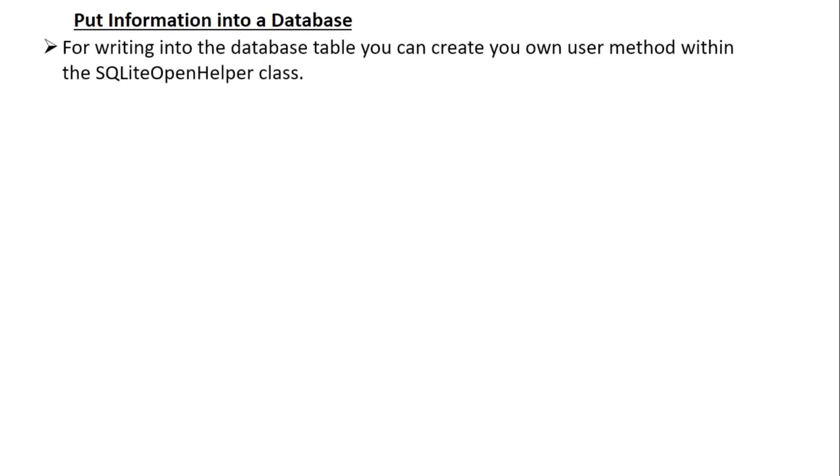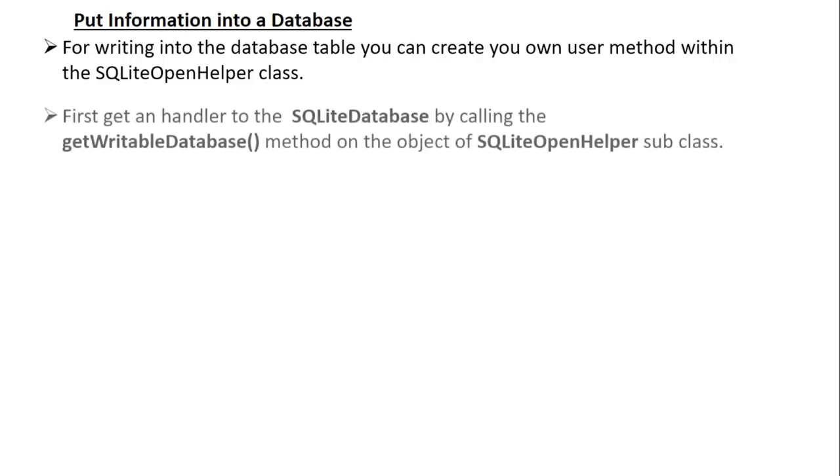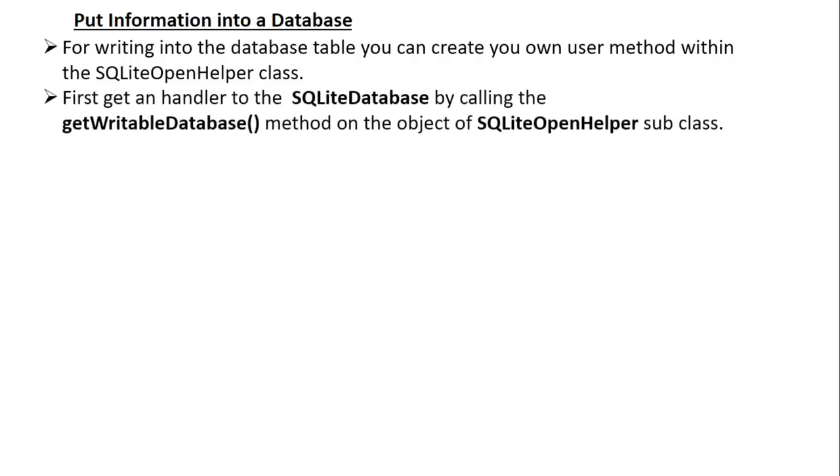Now we can learn how to put information into the database. For writing into the database table, you can create your own method within the SQLiteOpenHelper class. First, get a handler to the SQLite database by calling the getWritableDatabase method on the object of the SQLiteOpenHelper subclass.